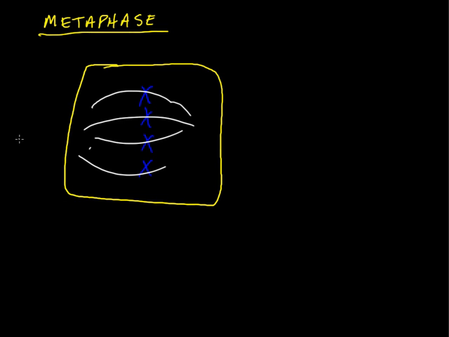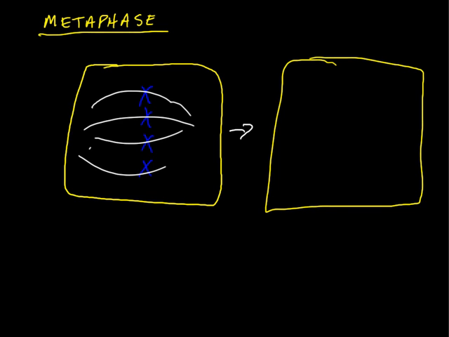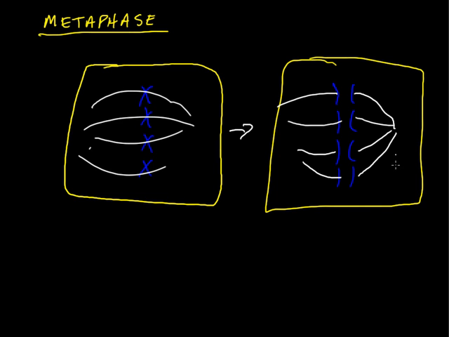So as it says in the notes, the chromosomes align at the cell equator, and then at the end of metaphase, our cell starts to look like this, and we'll see that, as I'm drawing it here, the chromosomes have disconnected at the centromeres. In other words, the sister chromatids are no longer connected by the centromeres. And so that's metaphase. The centromeres line up in the middle, and then the centromeres separate.